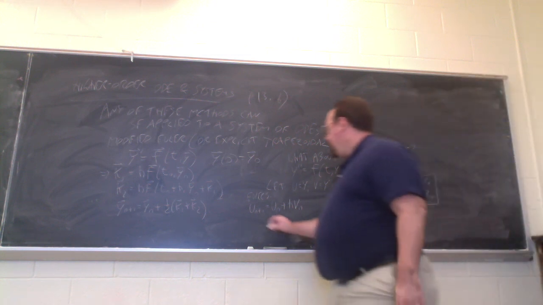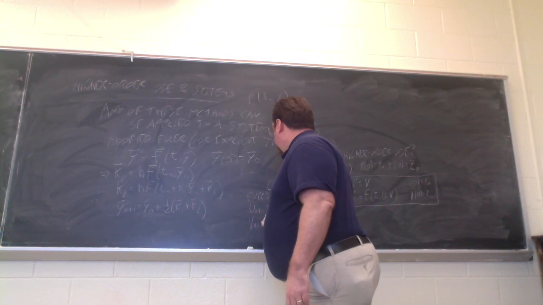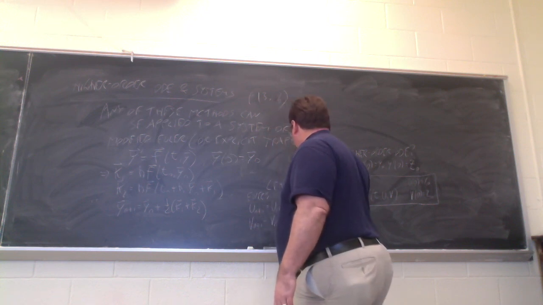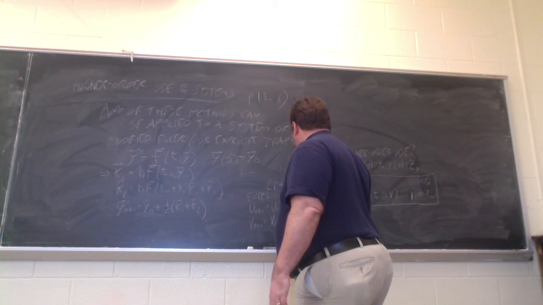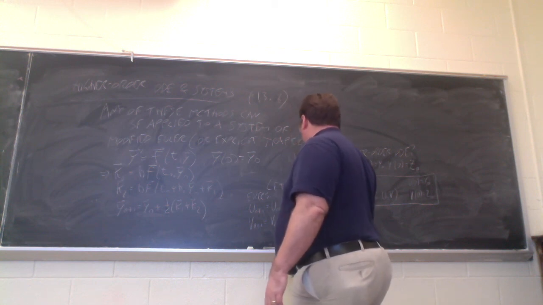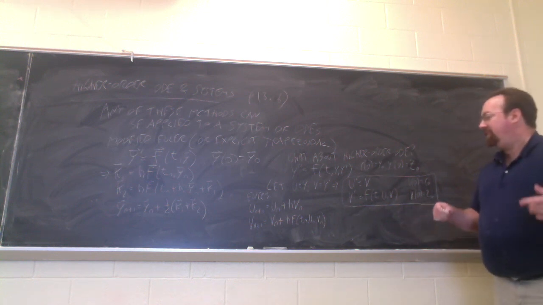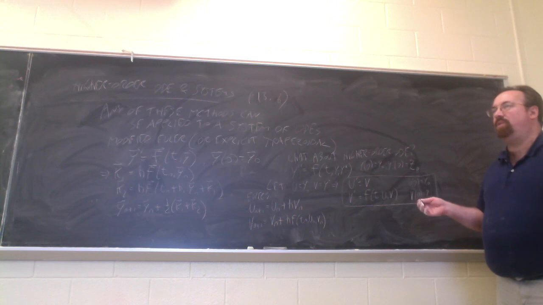And then I'd have vn plus 1 is equal to vn plus h f of tn, un, vn. So solving these second order ODEs using a method like Euler's method is no problem.